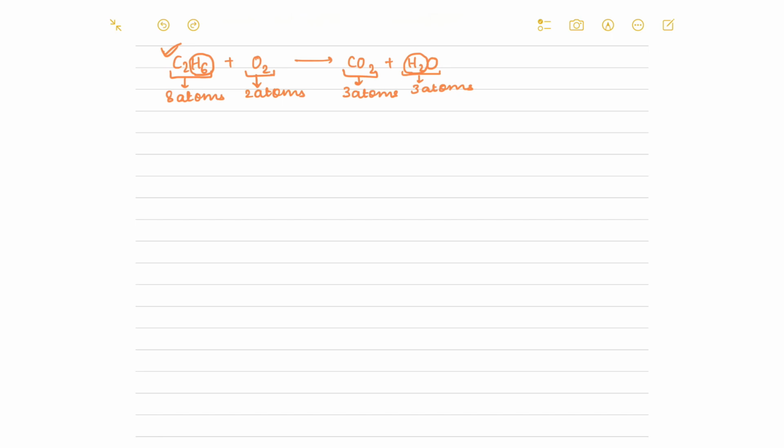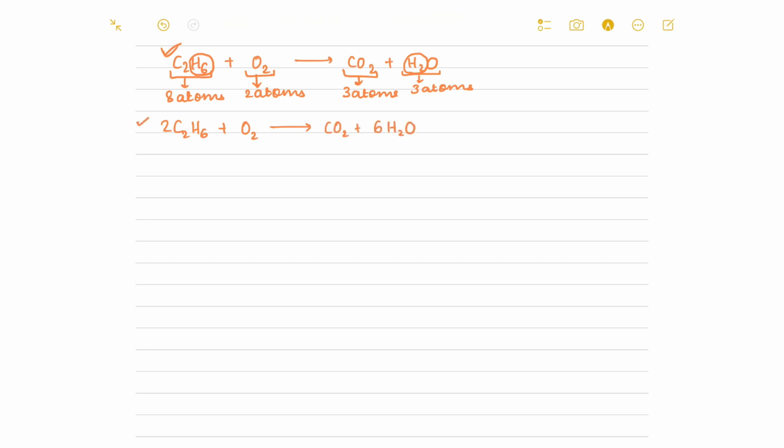So it will be difficult for us to balance thereafter. Let us write 6 as coefficient of H2O and 2 as coefficient of C2H6. So 2C2H6 plus O2 gives rise to CO2 plus 6H2O.